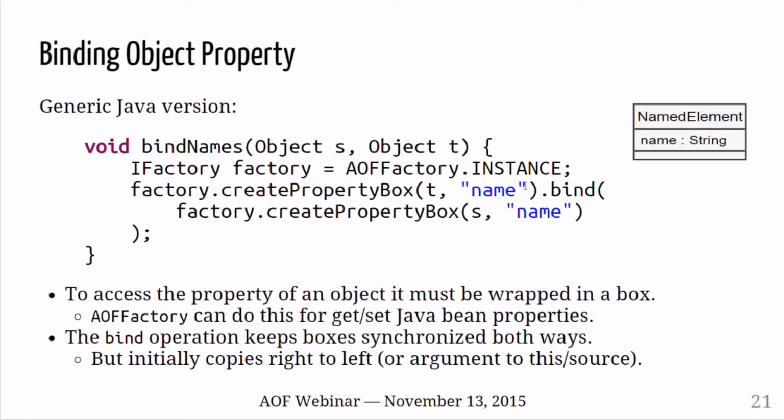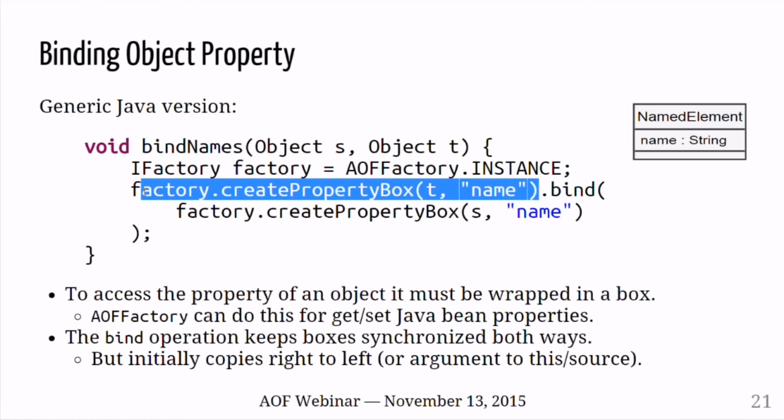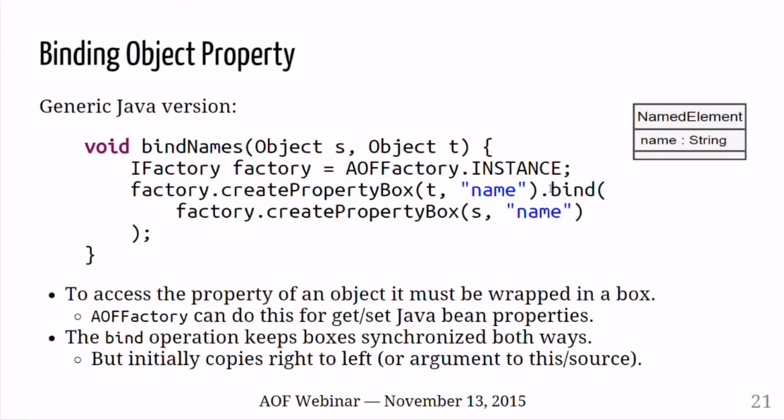What the first part of the next statement does is create a property box for the name property of the T object, and then bind it to the name property box for object S. As you can see, every property access is wrapped in a box.